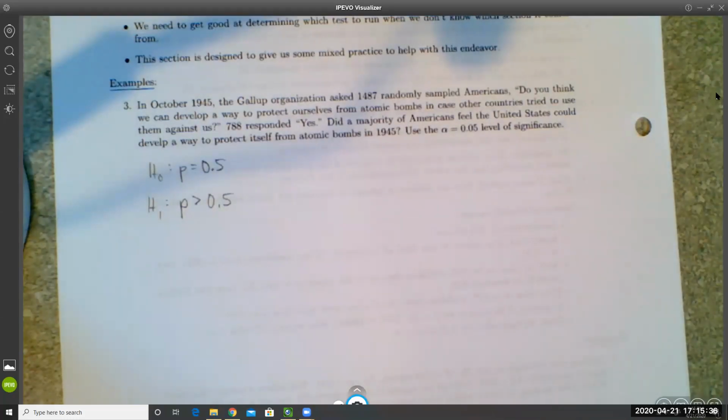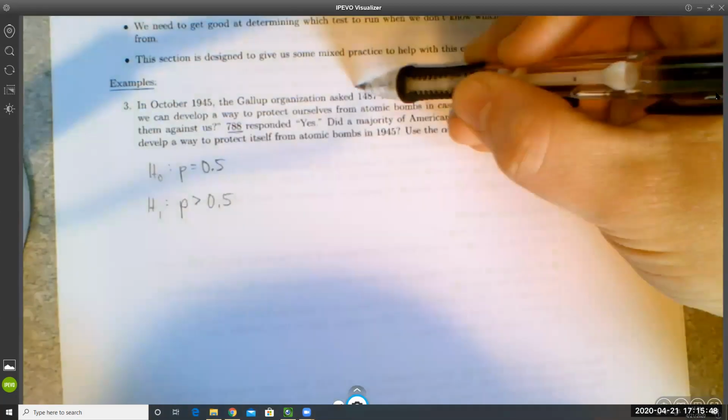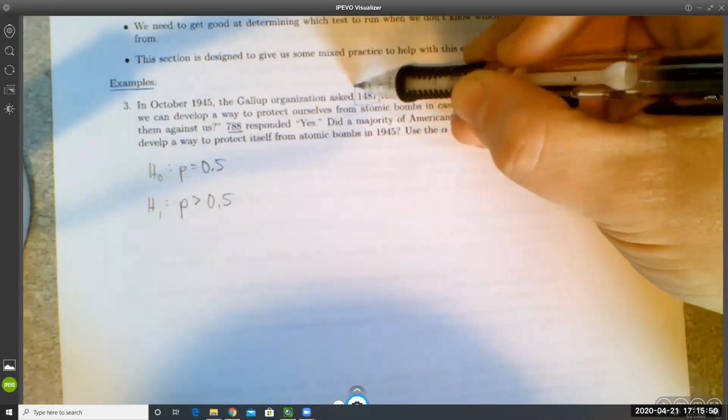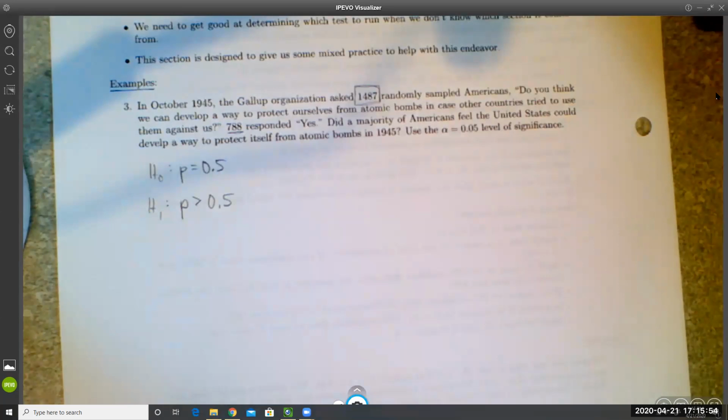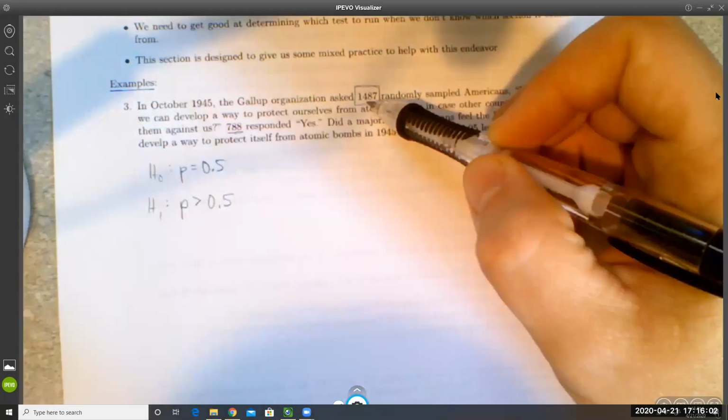Now, what sample information do we have to help us make this decision? Well, we were told that 788 people out of the 1,487 people sampled felt the way that we're being asked about. They felt that we could develop a way to protect ourselves from atomic bombs. So that's our sample proportion, 788 out of 1487.